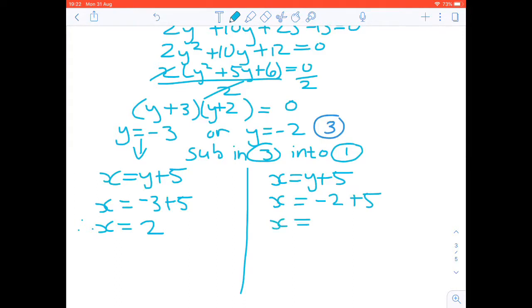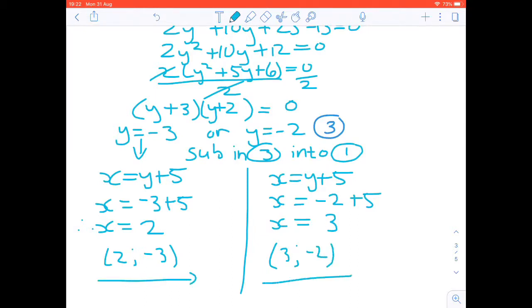So x is equal to 3. So our two coordinate sets are 2, negative 3 and 3, negative 2. So these are the two places where these two graphs intersect each other. They intersect at 2 points.